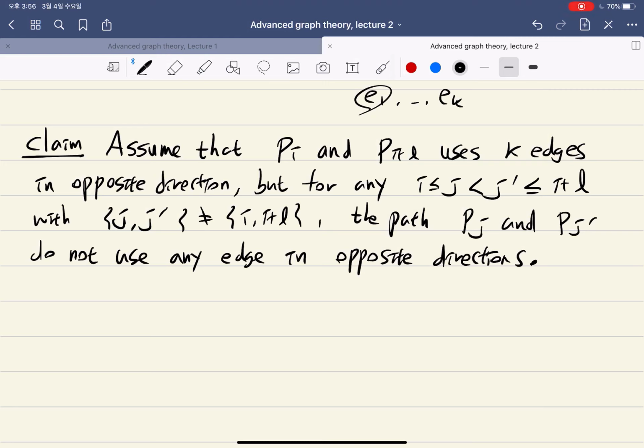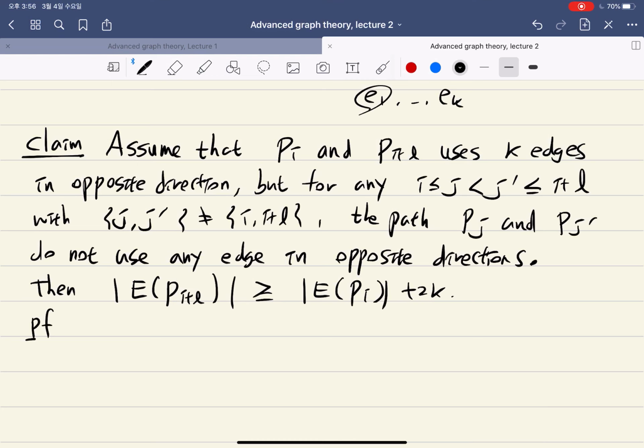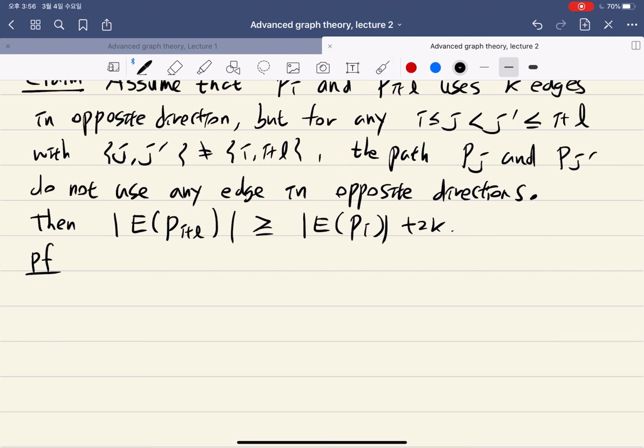So this is what we assume. Then we want to claim that the number of edges in Pi plus l is at least the number of edges in Pi plus 2k. In application, we will only use the case when k is either 0 or 1.